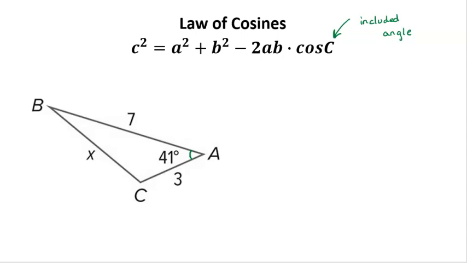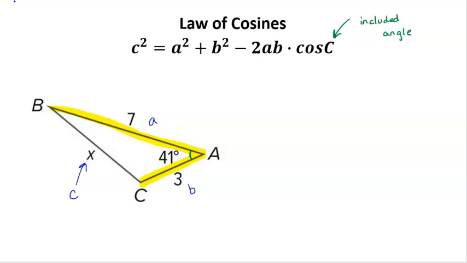So C is going to be that included angle. And so when we go to build this out, this becomes A and B, forming that included angle. And then c is going to be across from that. And so now let's build out our formula.